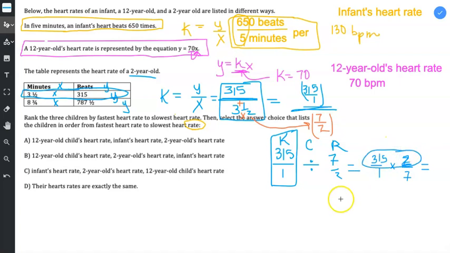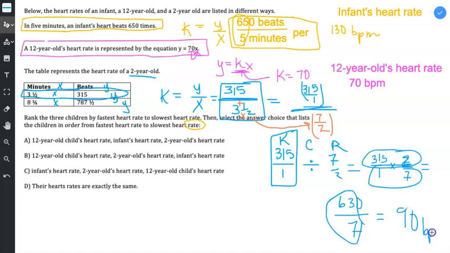So 315 times 2, well, 300 doubled is 600, 15 doubled is 30, so 630. And 1 times 7, we multiply the denominators and we get 7. And this works out very nicely because I can see right here, 63 divided by 7 is 9. So 630 divided by 7 is 90.